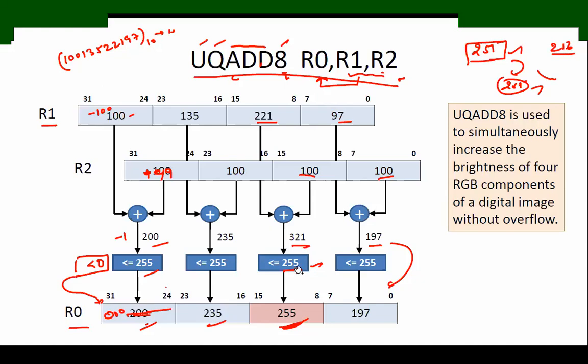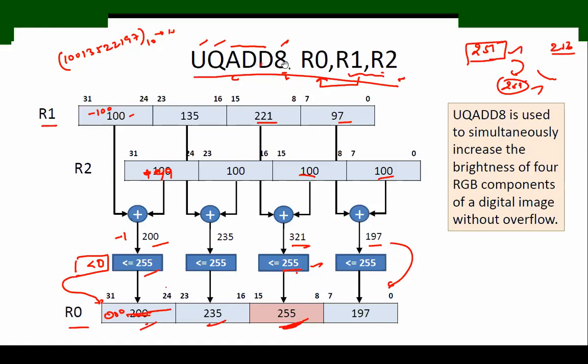What is going to happen? This value is not going to come and sit here, but the greater value, 255, is going to come in, because that's the limit that I have set. I cannot go beyond the upper limit. Now let us take this as an example: 97 and 100, so it's 197. It is less than or equal to this value, so it will come and sit. So what are we trying to do here?